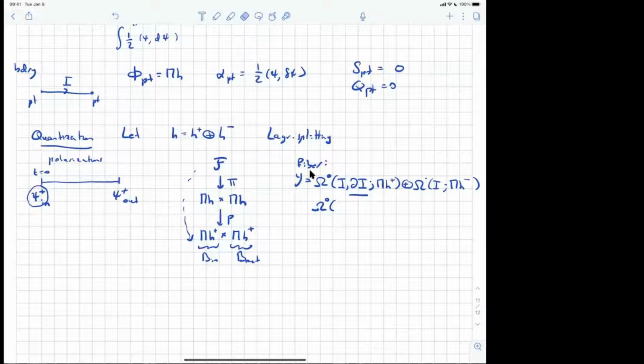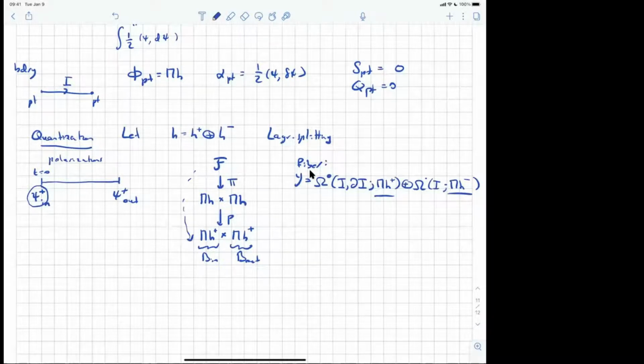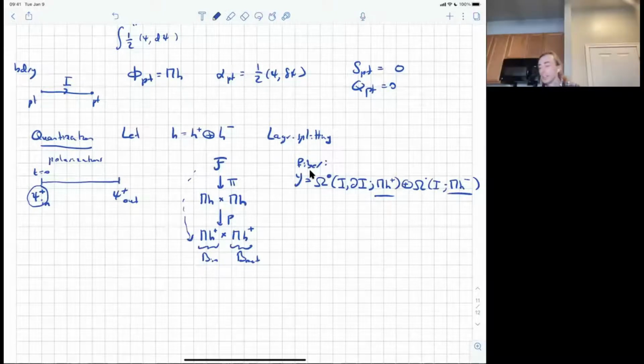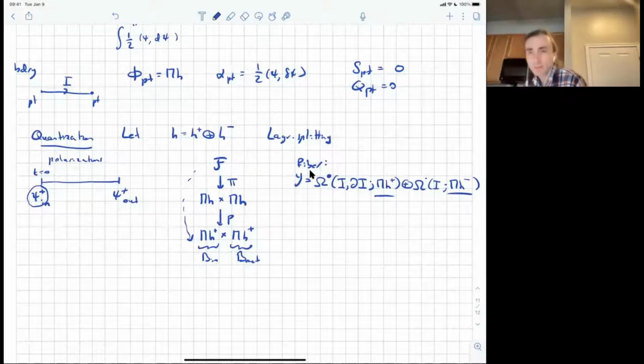Why do the one forms need to take values in pH plus and not everywhere? So they take values everywhere. I'm just splitting it into two parts. So this is the part in H plus, and this is the part in H minus. I just wanted to split it explicitly into two complexes: the absolute theorem complex and the relative theorem complex.